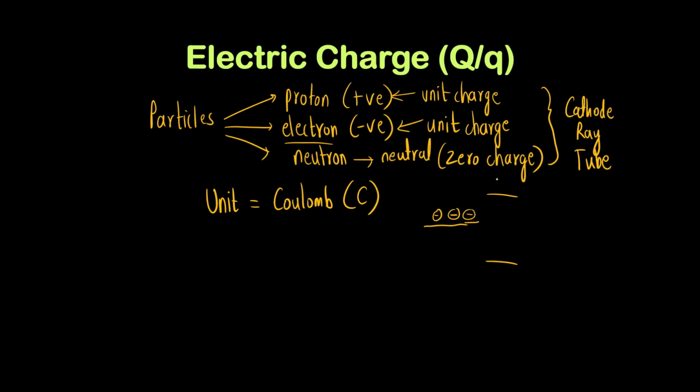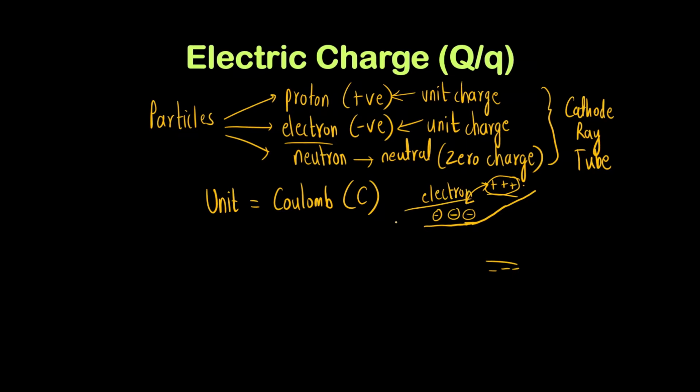Suppose this is the positive plate; these are charged plates. This stream containing electrons was deflected towards the positive plate, which means, as we know, opposite charges attract and same charges repel. So the electron is attracted to the positively charged plate, and we come to know that the charge of an electron is negative.